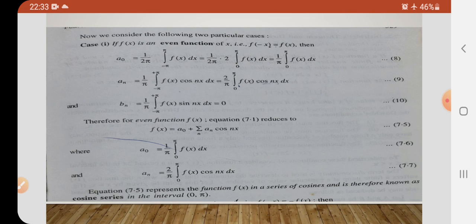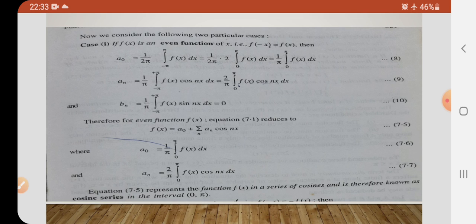We can write this as 1 upon pi, integral from 0 to pi, f(x) dx. For a_n, we can write 2 upon pi, integral from 0 to pi, f(x) cos nx dx. And for b_n, 1 upon pi, integral from minus pi to plus pi, f(x) sin nx dx equals 0. This is the result for the function to be even.